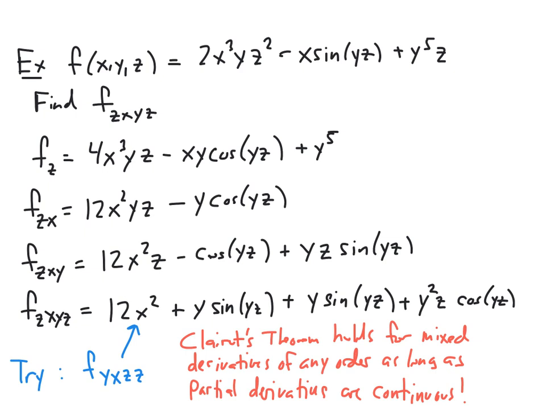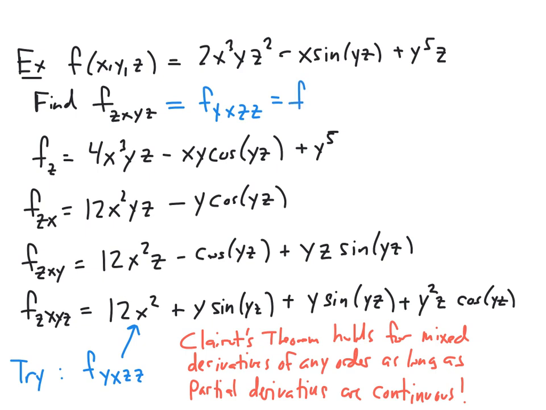All right, so in this example, we started with the partial f z x y z, and we showed that f y x z z is exactly the same. And so by Clairaut's theorem, as long as we take the fourth partial and we have 2 with respect to z, 1 with x, 1 with y, we will get the same function.